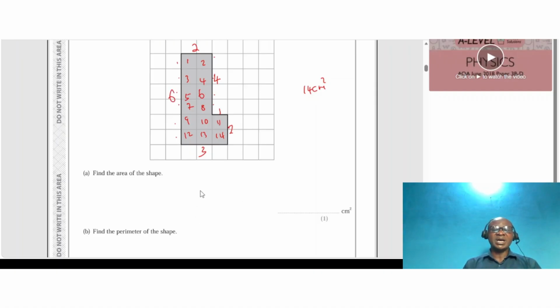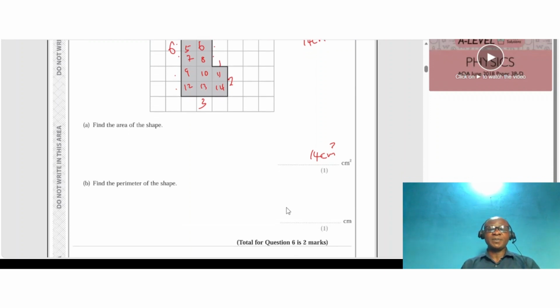Therefore, the perimeter to that question is the addition of all. Do you get it? So that is going to be 3 plus 2, 5 plus 1 is 6. 6 plus 4 is 10 plus 2, 12, and then plus 6 is 18. Therefore, the perimeter is equal to 18 cm.